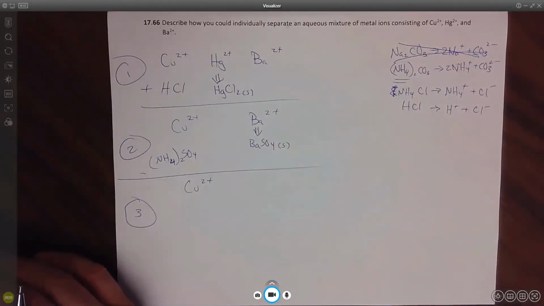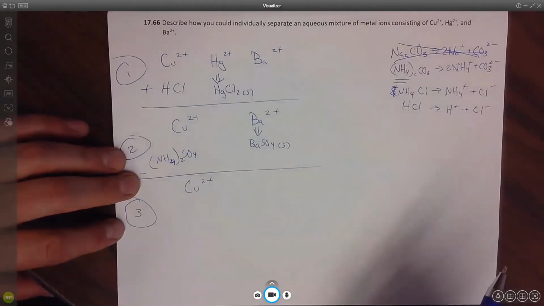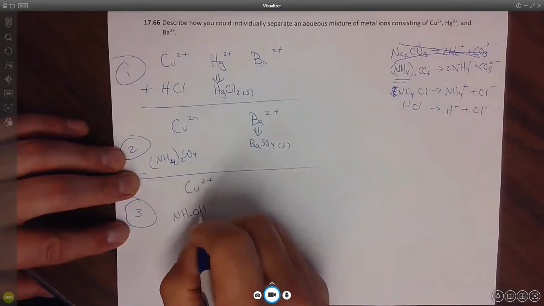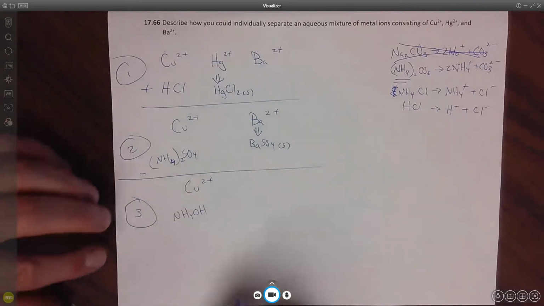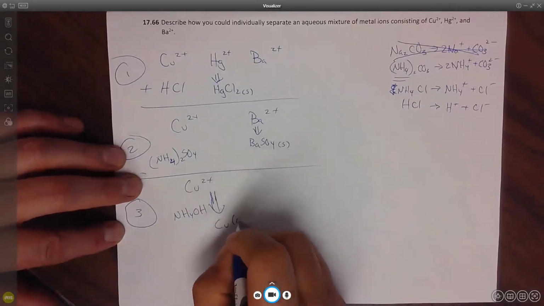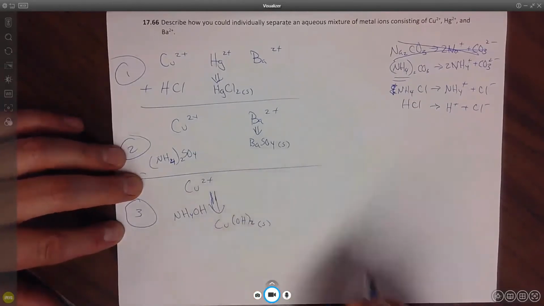You could add sodium hydroxide. Yeah, not sodium, though, because I don't want to add any metals. How about ammonium hydroxide? Okay, then that'll precipitate out as copper hydroxide.